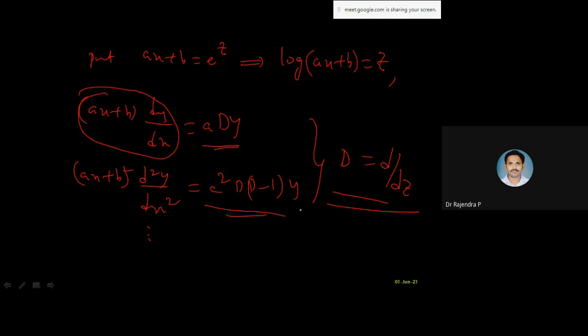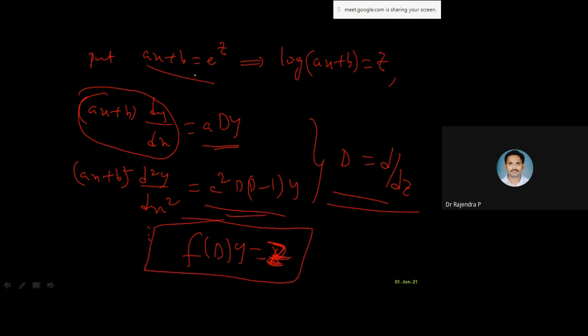Once you substitute and take everything common, it will be reduced to the form f of D into y is equal to X, a function of z. The whole right side is converted into z form, because we are taking the substitution ax plus b is equal to e power z. From there onwards, as you know, you can apply any one of our known methods to solve the problem. This is what we discussed in our previous class.